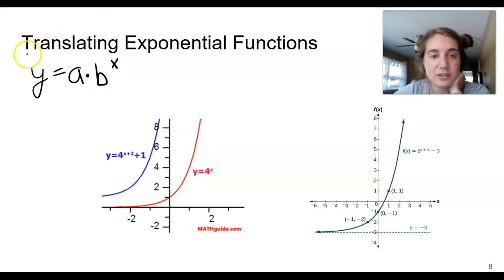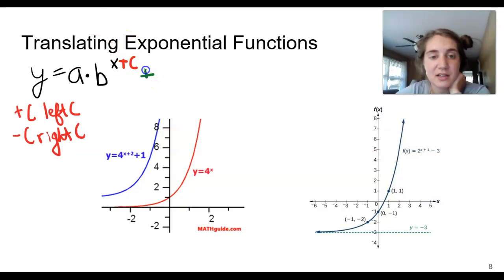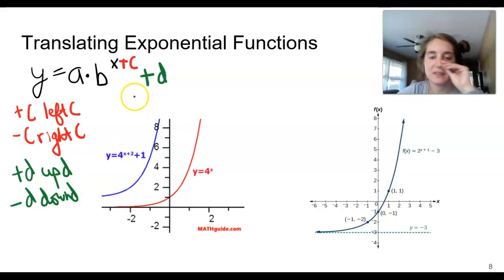So we started with exponential functions like this. If we add in the exponent, a positive c means left c, and a negative c means right, however many that is. If we add outside, that is up. If we subtract outside, that means down d.